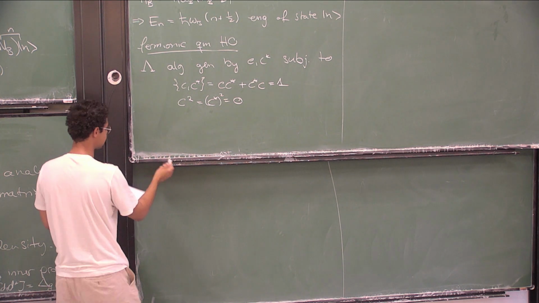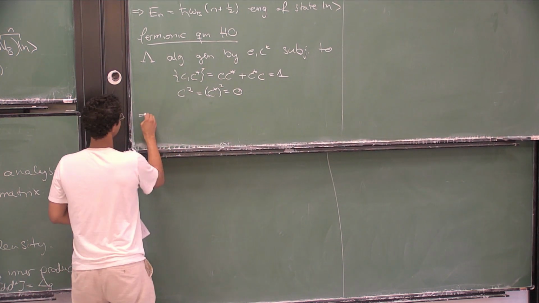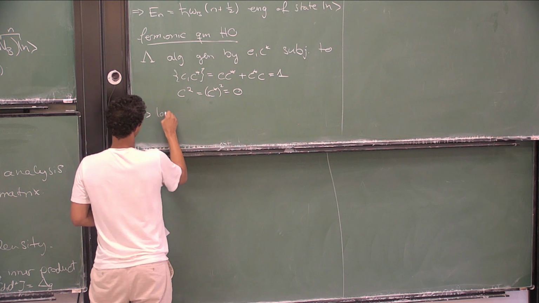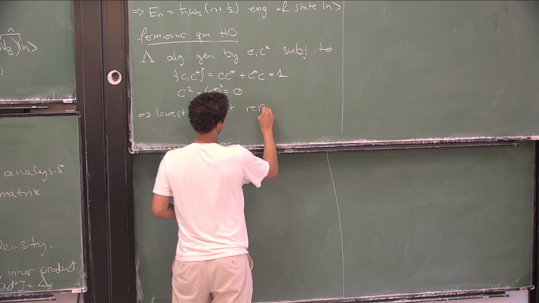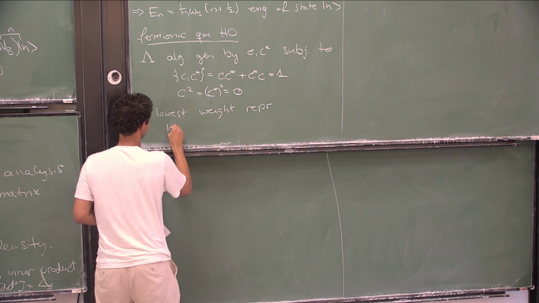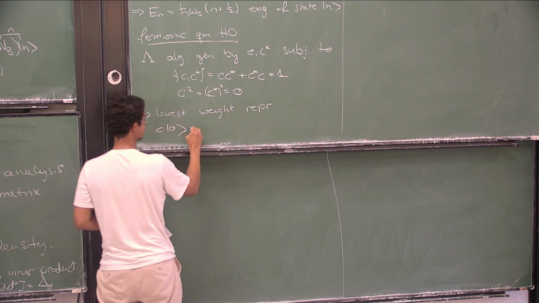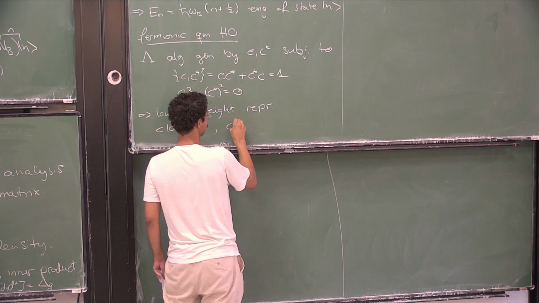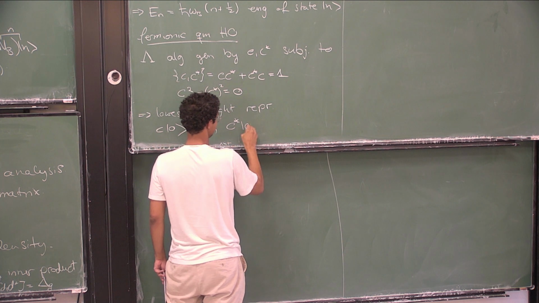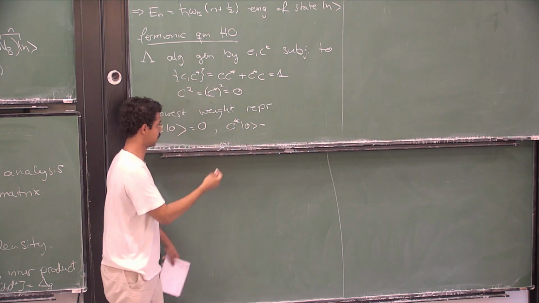We actually do the same stuff as before. So now we want to see the lowest weight representation. We have a vacuum 0 defined by C being annihilated, and then we will call C star of 0 the natural next state.